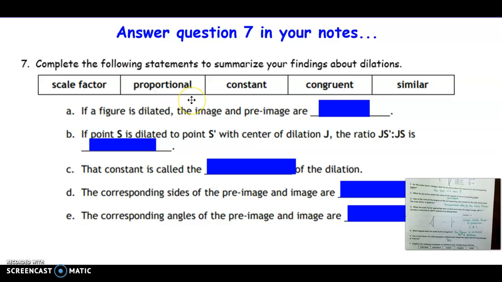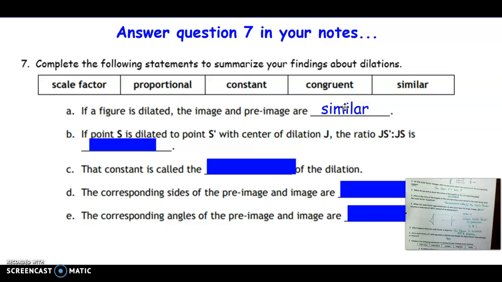All right, let's look at question 7 in our notes just to make sure we have some of these concepts understood. If a figure is dilated, then the image and the pre-image are said to be similar to one another. So that first blank is similar, not necessarily congruent. They would only be congruent if the scale factor is 1.